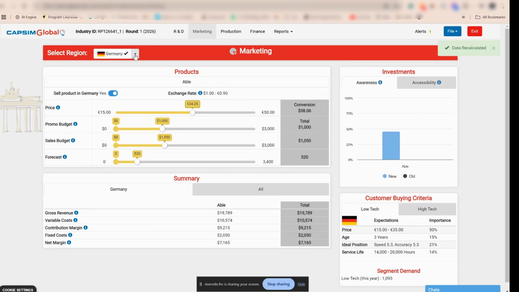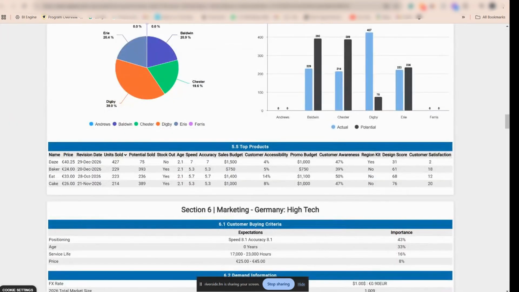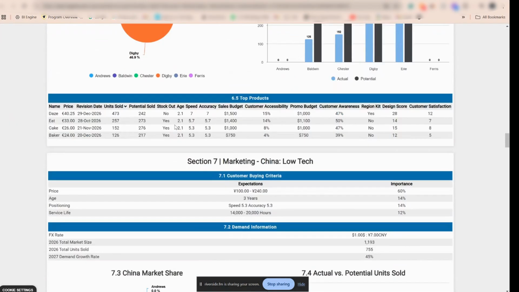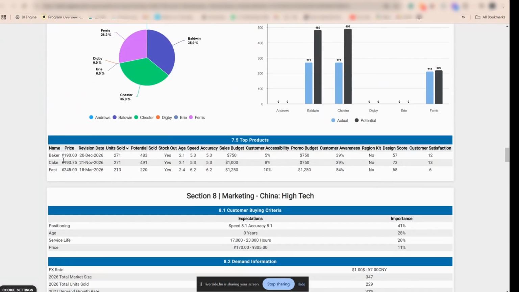Okay. Then we'll go to the China market. The same strategy will apply. We look at the forecast, we go to China, we notice the same thing in China, right? In the low tech market, you notice there are only three players. So out of six, three players got into the market. One is computer, two are team members.